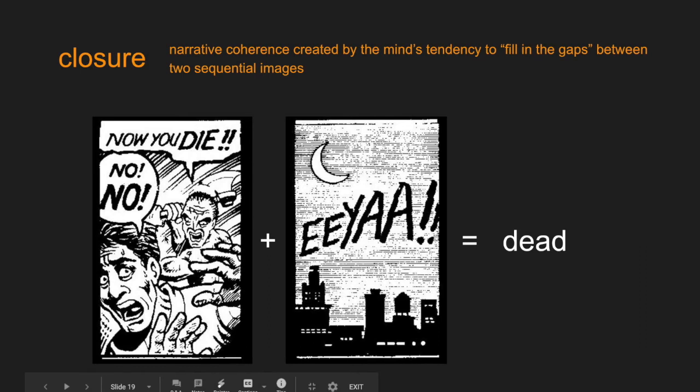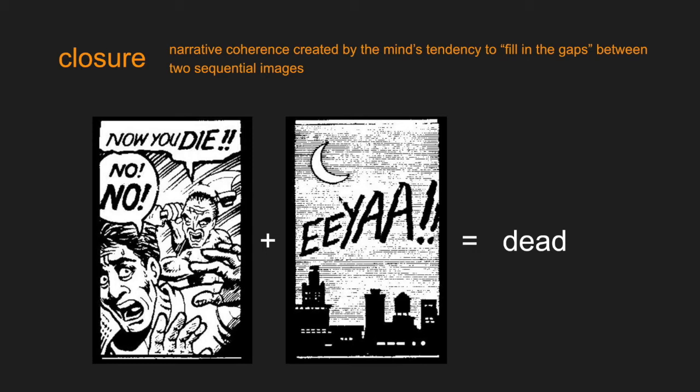So as we move from this image here on the left to this image here on the right, our minds put them together. And this is because we are driven to storytelling. We really like stories. We like things to make sense. So when we see these two images together, we want them to form a coherent story.